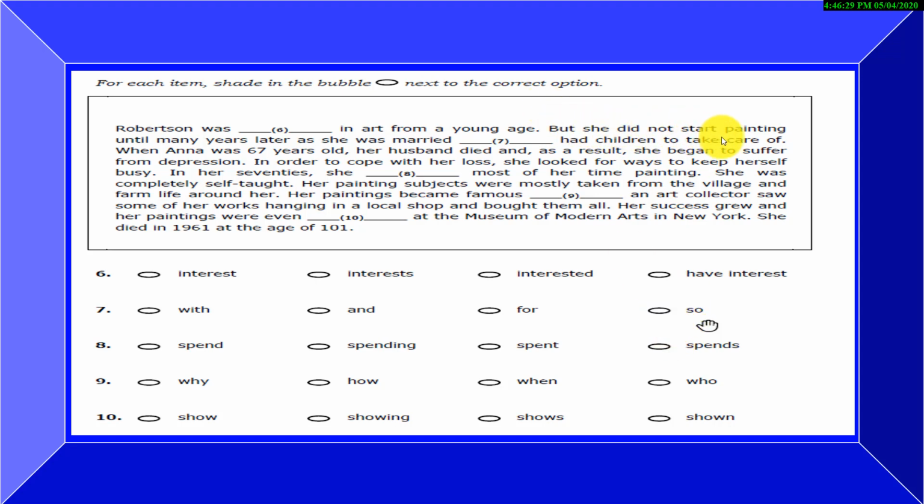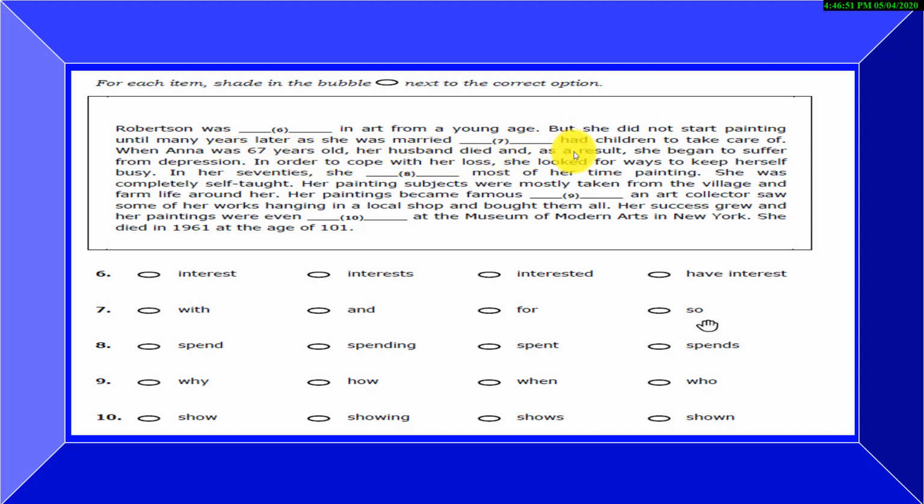No. Yes, we say and had children to take care of. Clear? When Anna was 67 years old, her husband died.